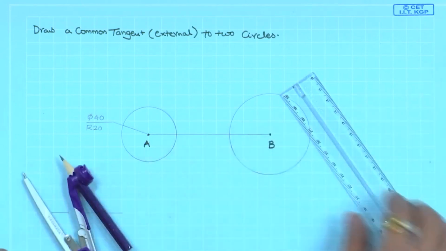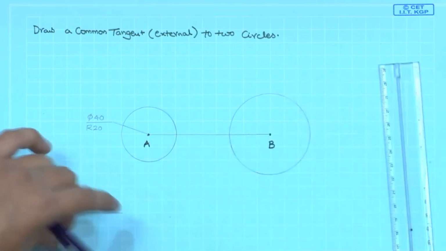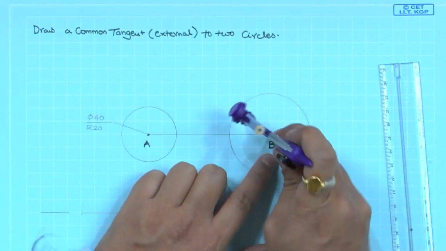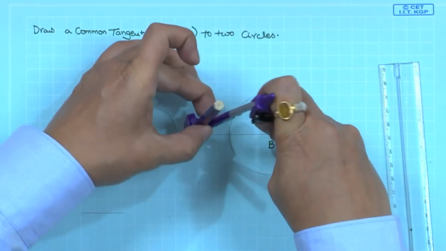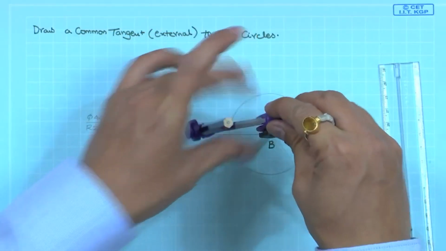Once it is done, we are going to construct perpendicular bisectors to A and B circles. That means, more than half of the distance we have to take.